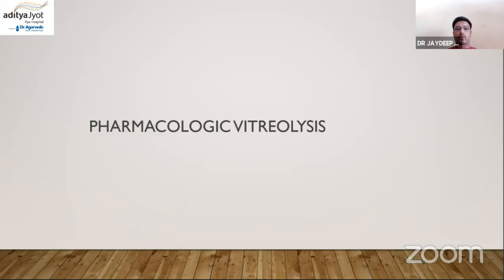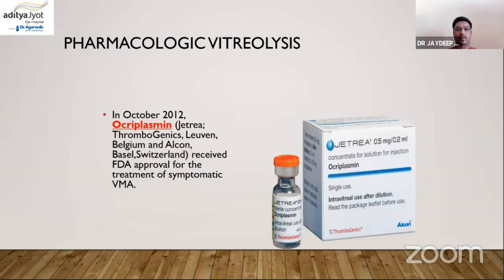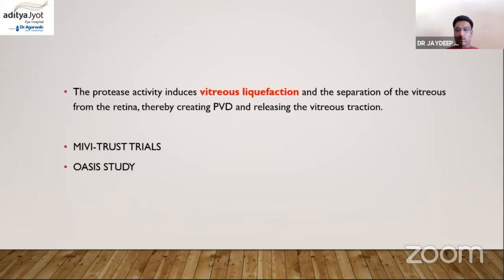Coming to pharmacologic vitreolysis, this came way back in 2012. The one which we heard about and had a lot of excitement about was ocriplasmin, called Jetrea by trade name. Although it was promising in the beginning, it has lost steam now.